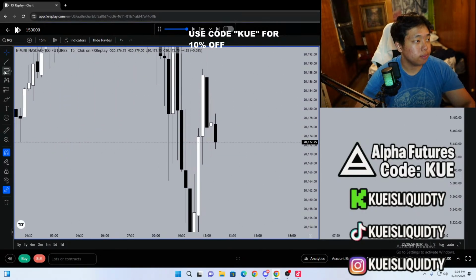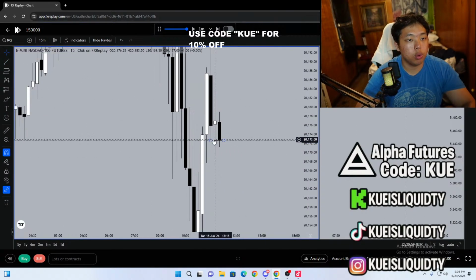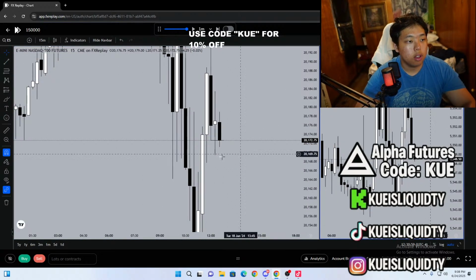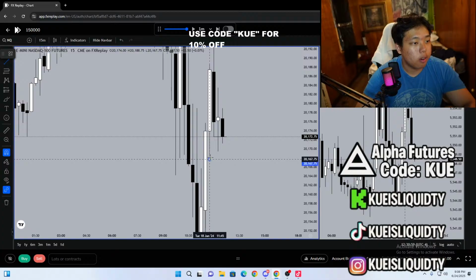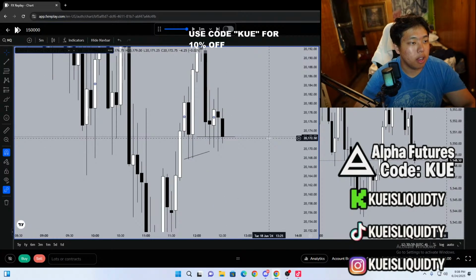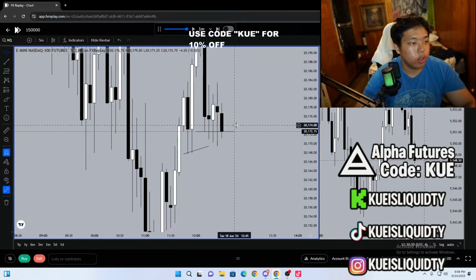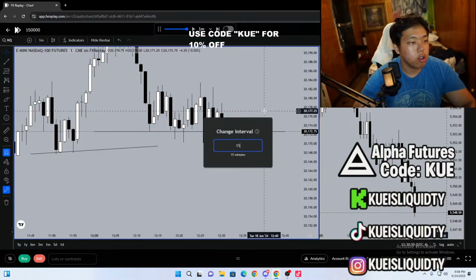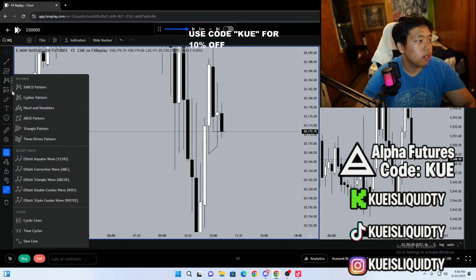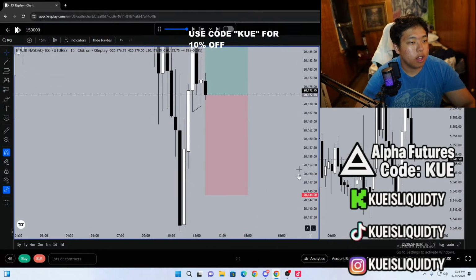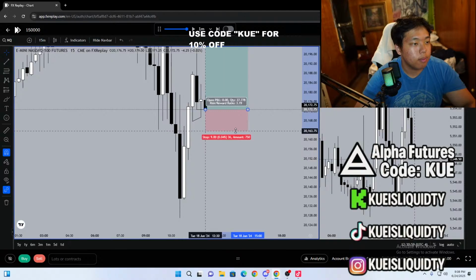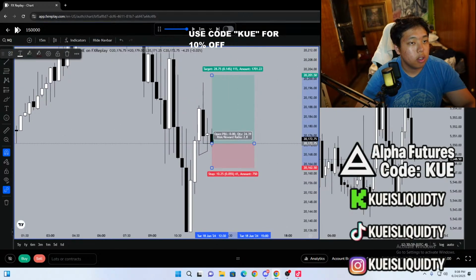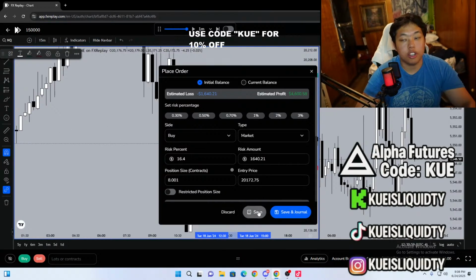So right here, this is a bullish rejection block on the lower time frame. We have SMT here. Go on the 5-minute. We should be fine here. Let's do a 10-point stop. Let's see what happens.